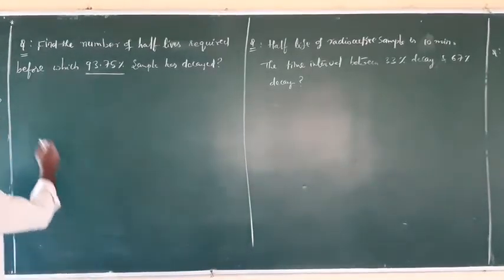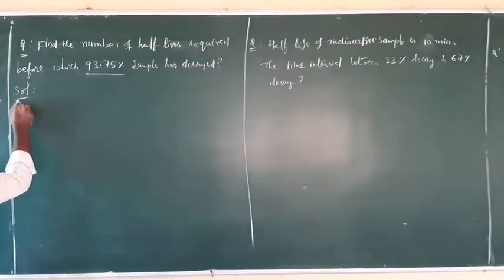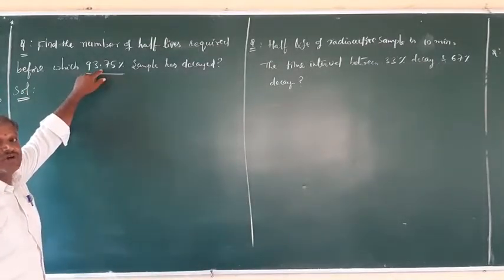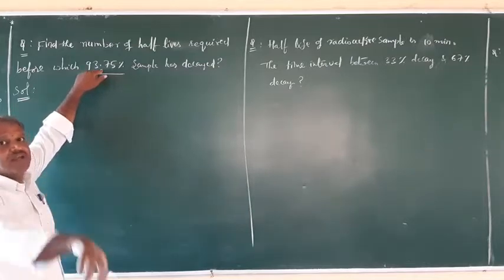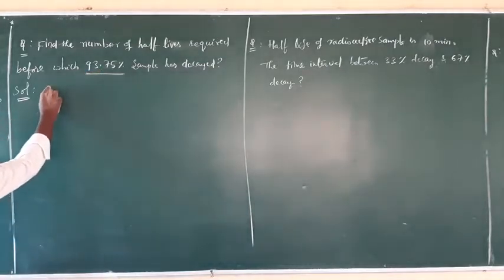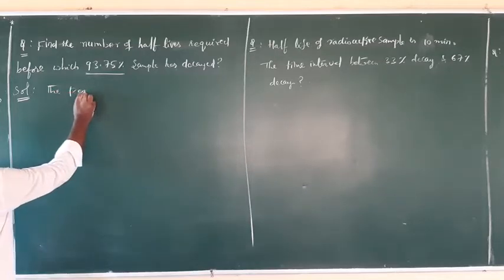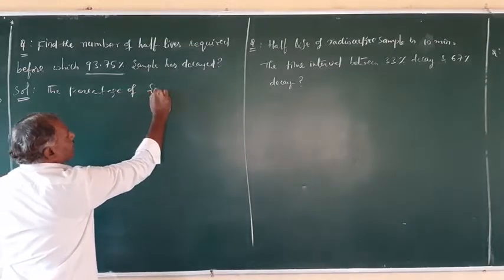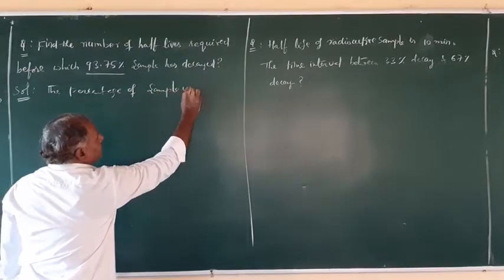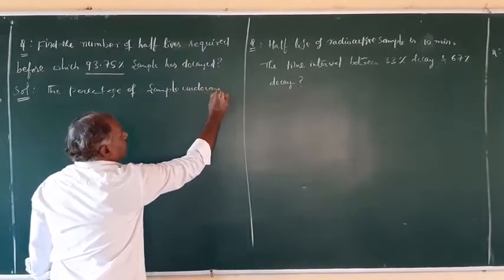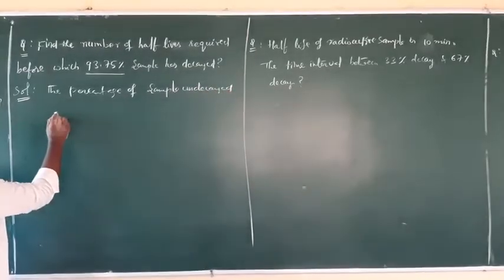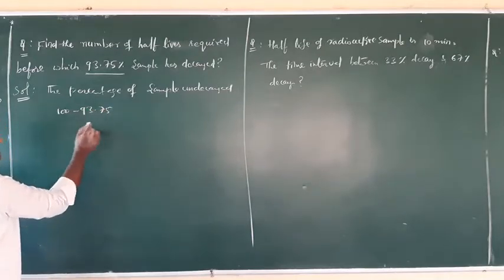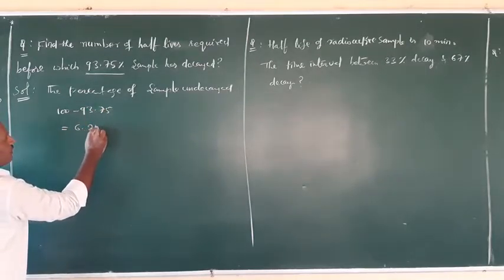Right? So here is the solution. Decay is this much. How much is retained? The percentage of the radioactive sample that is undecayed is 100 minus 93.75, which is equal to 6.25%.